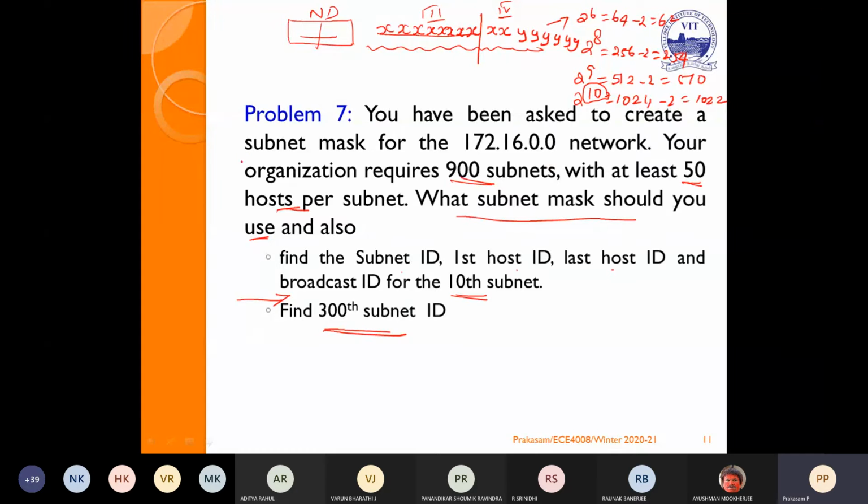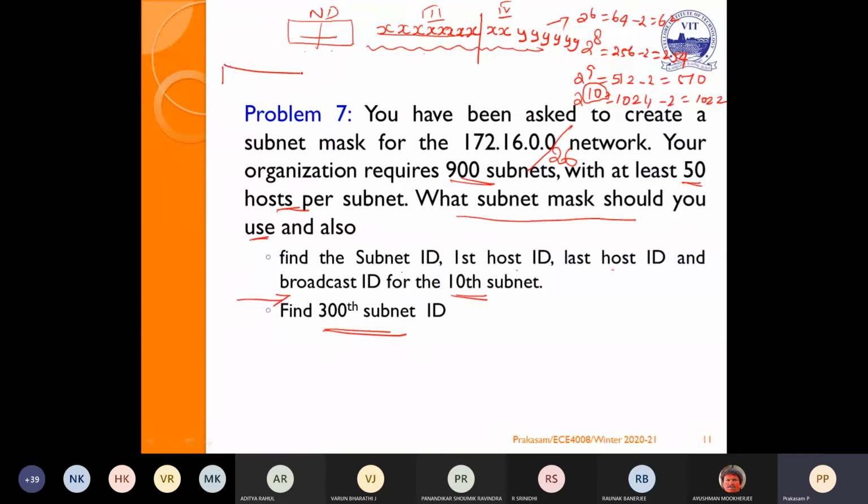Now the mask. So the mask is slash 8, 8, 8. So 24 plus 2, 26. So slash 26 is the subnet mask I am going to use.